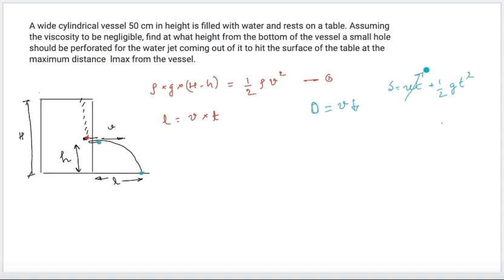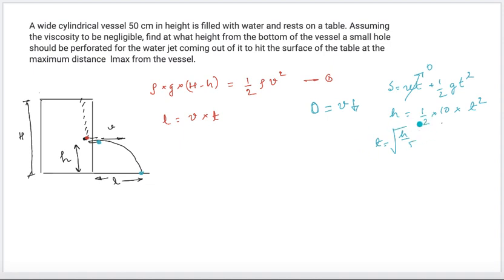Now u we know is 0. This S is equal to h, right? Half into 10, g is 10. We are assuming g as 10. Now this is t square. So t is root over of h by 5.